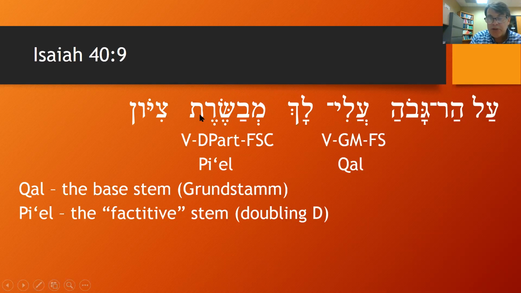The segol tav, that's a feminine singular kind of ending that's been taped onto the end. And this mem on the front is a participle thing that's been fused on the front. But the three letters here are bet, sin, and resh. And so this doubling of the middle letter is a telltale sign of the Piel or D stem.